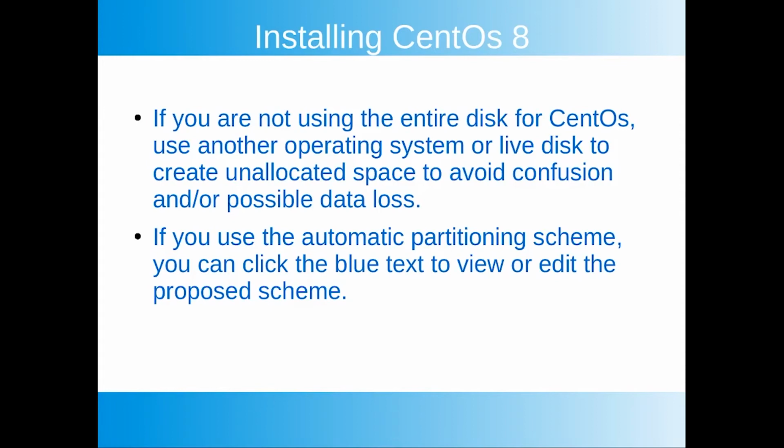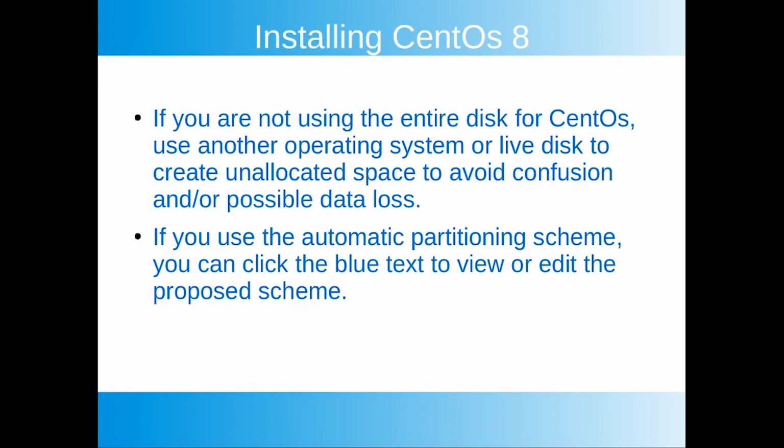Ubuntu is a good example of this. If you're going to put a newer version of Ubuntu or a different version of Ubuntu on your computer, one of the options it'll give you is to overwrite the existing Ubuntu operating system. If it had an option like that, that would have been beautiful, because it would have just overwritten my CentOS 7 that I already had.